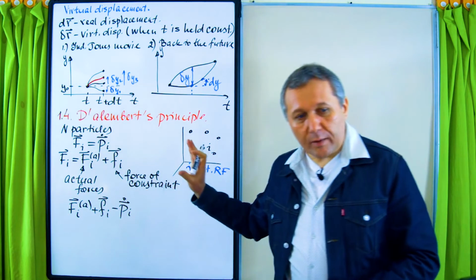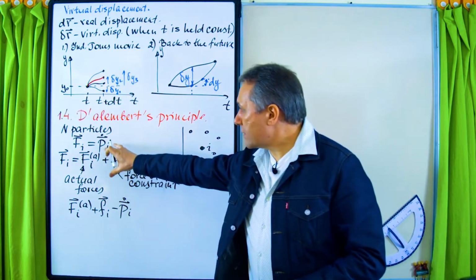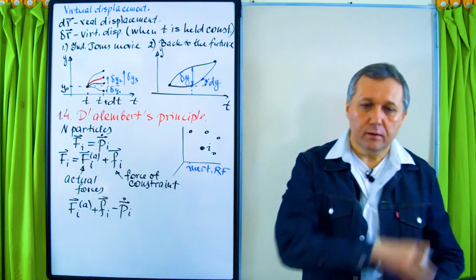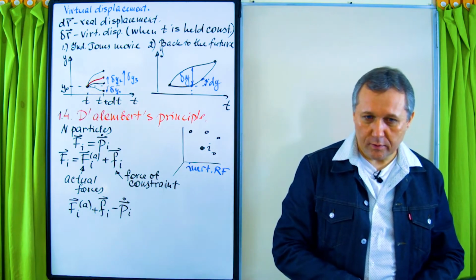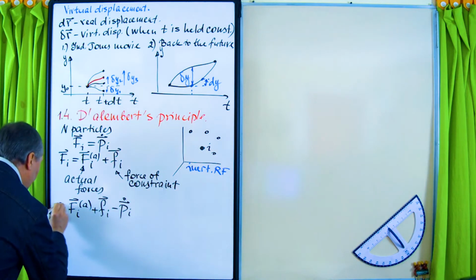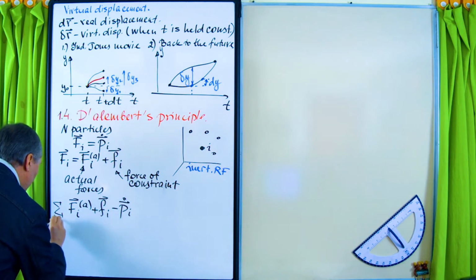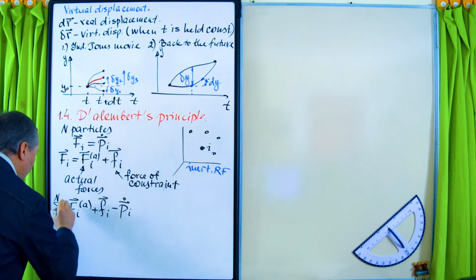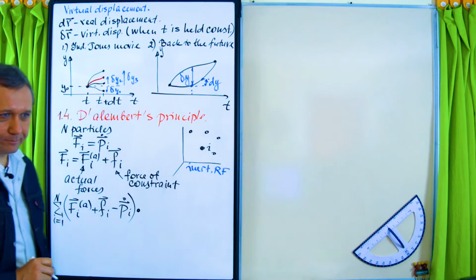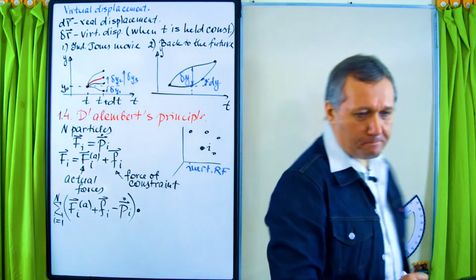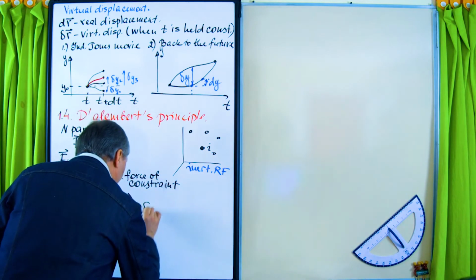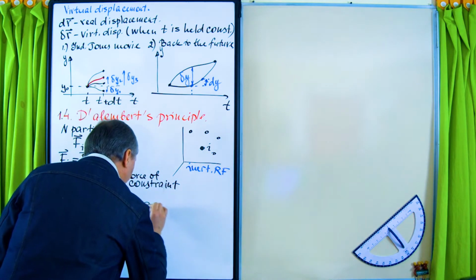We can write this for each of these particles, and there are n of them. So let's add all those equations up. Let's just sum over the whole system, so I can put a summation over i from 1 to n. And also, I'm going to take a dot product of this bracket with the virtual displacement, delta r_i.